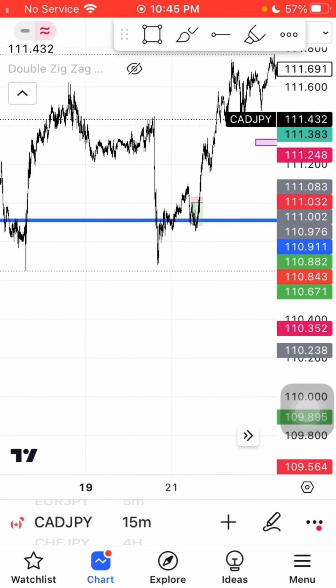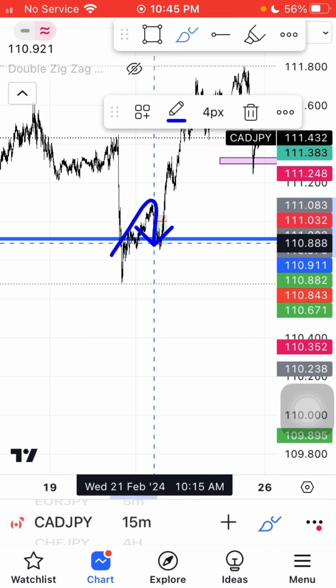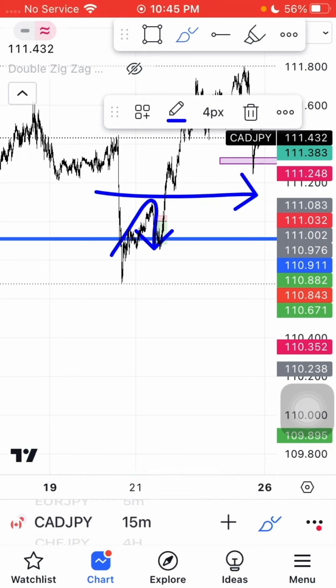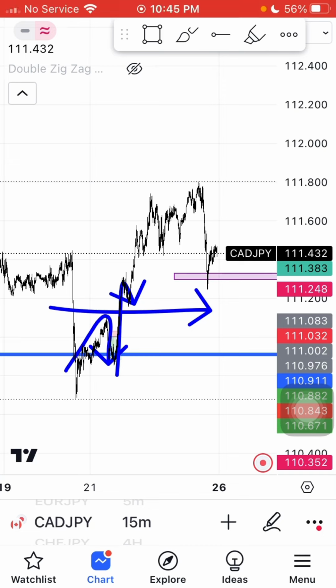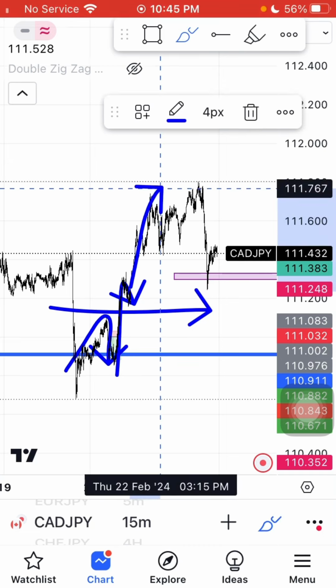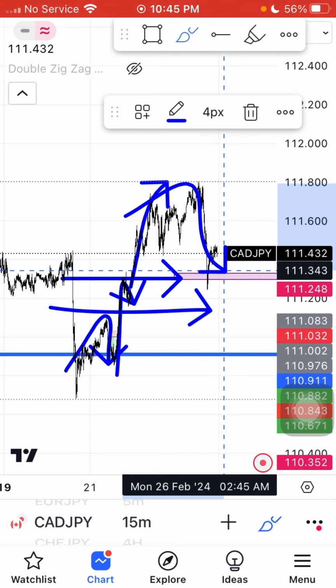You can also see that here it is. Alright, the market came here, pulled back, and then broke the structure. Then it still continued breaking the structure and then almost retested it.